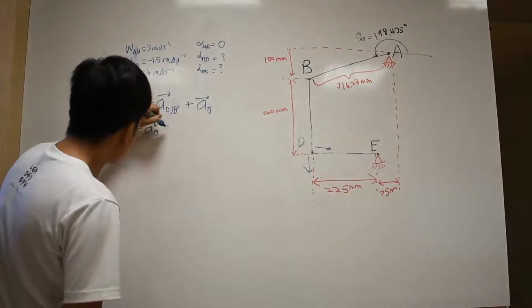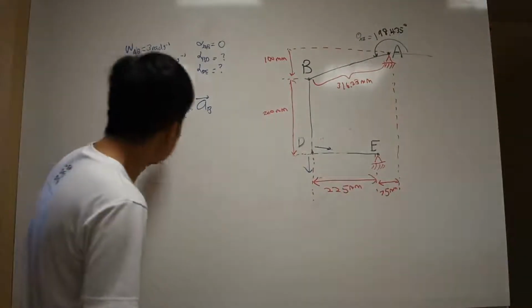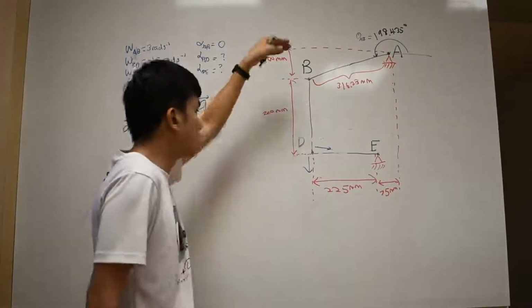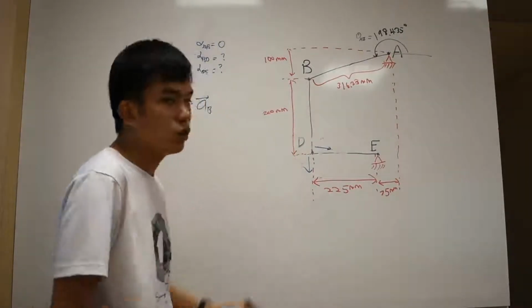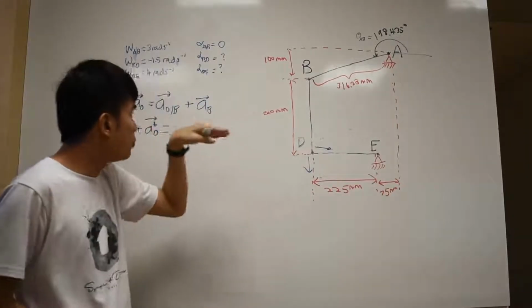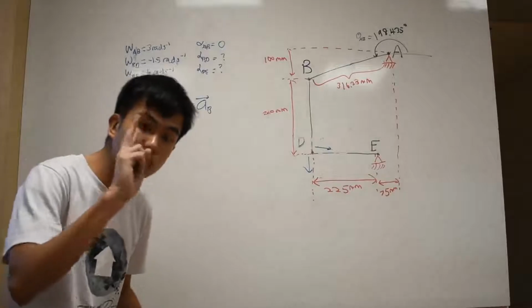Okay, and it's equal to, take a look at this, the acceleration of D with respect to B. What is the acceleration of D with respect to B? In B's perspective, D is also registering a circular motion. So this acceleration of D with respect to B also has two components of acceleration.